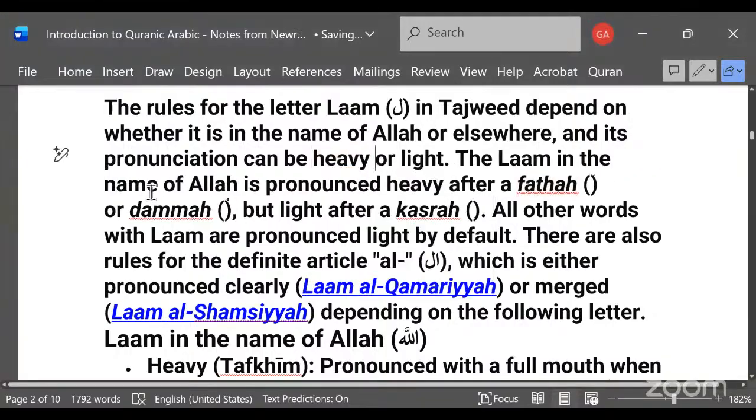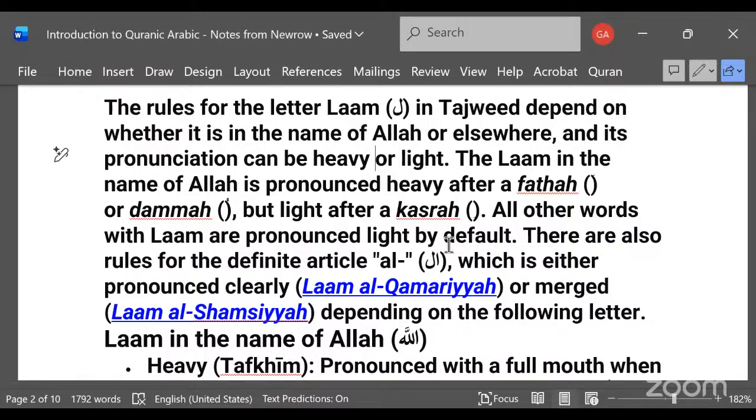The lam in the name of Allah is pronounced heavy if it comes after a letter that has fatha or dhamma. But it is pronounced light if the letter that comes before it has a kasra. All other words with lam are pronounced light by default. Meaning, letter lam is pronounced light in any other word.